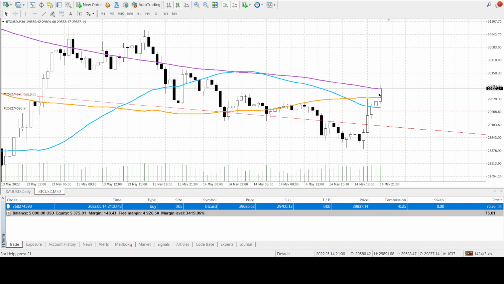Remember, they have a stronger weight than the MA50. So if it's beneath the MA50, but the MA100 and MA200 are close to it, it'll try to pull it up. So right now our trade's in like $77 worth of profit.